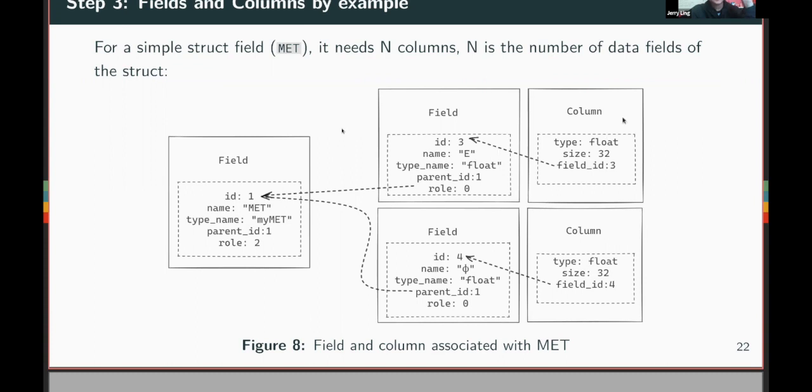Data is always associated with a column, because a column stores primitive data directly. You can always have fields that don't have any data directly associated with them, for example this umbrella struct field. Its only purpose is to structure the other fields and columns, so it appears as a struct field to the users instead of separated columns.